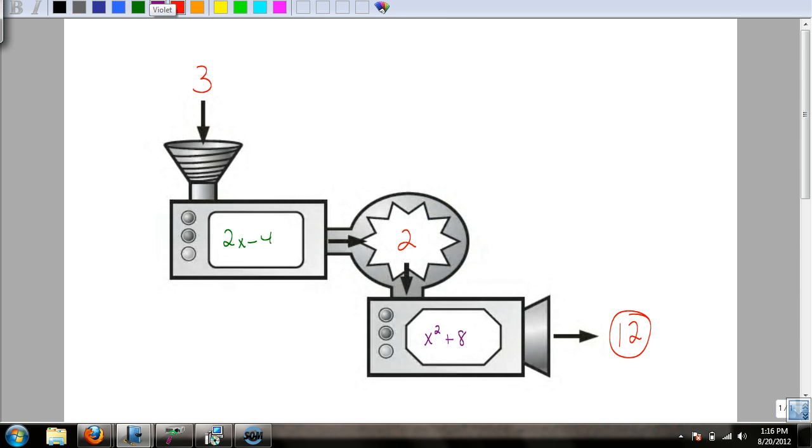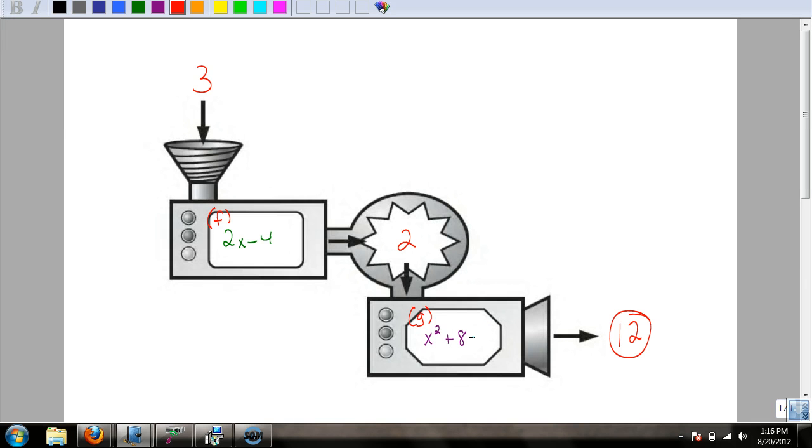So let's look at this again. Remember, we put 3 inside of this first function. Let's call this first function f. We put 3 in f, got 2 as our answer, and then we put 2 in the second function. We're going to call this other function g. And when we put 2 in g, we got 12 as our final answer.